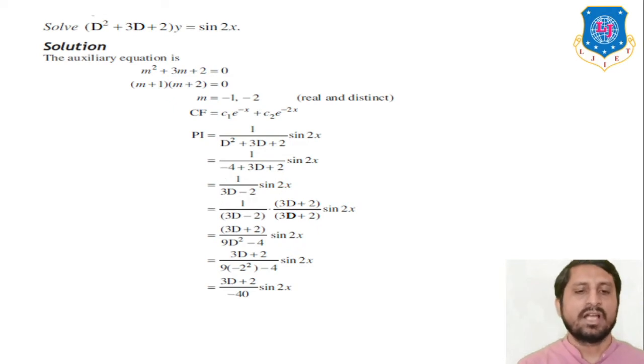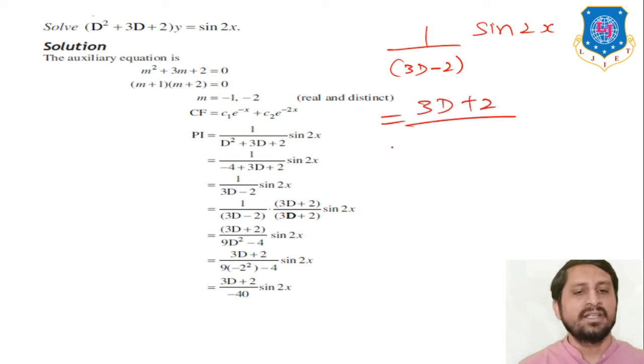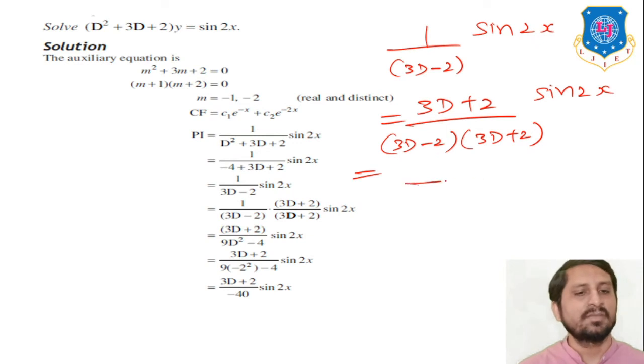So now 1 upon 3D minus 2 sine 2x. Multiply with 3D plus 2 and divide by 3D plus 2. Because in the denominator we have only 3D minus 2, so (3D minus 2)(3D plus 2) and sine 2x. Now in the denominator you can see a minus b, a plus b, so that is a square minus b square, so clearly 9D square minus 4, and in the numerator we have (3D plus 2) into sine 2x.